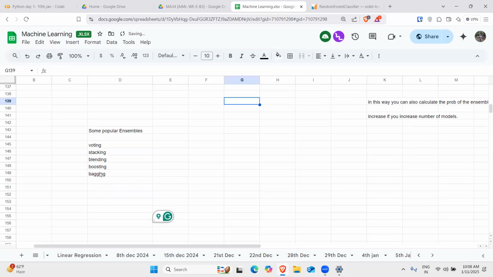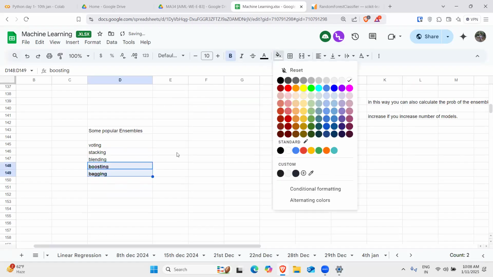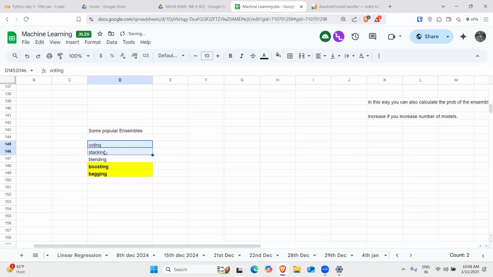Nowhere do we use voting, stacking, blending in machine learning; we only use boosting and bagging. What voting does is combine the output of different algorithms by taking a vote. In a classification model, if the majority of the classifiers predict a particular class, then the output will be the majority class. In a regression problem, we take the average.